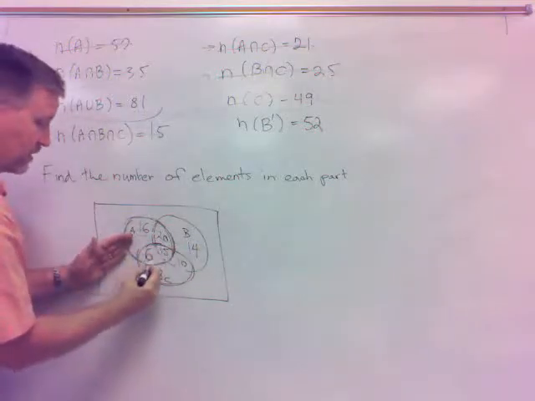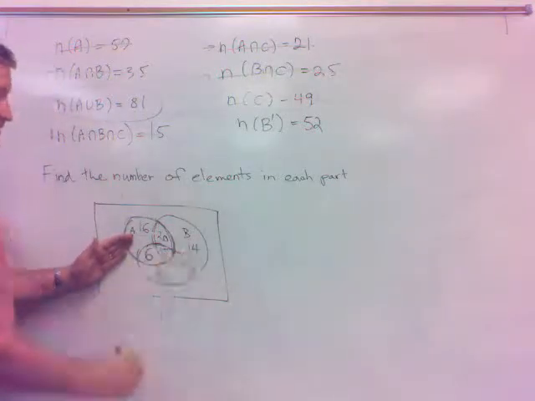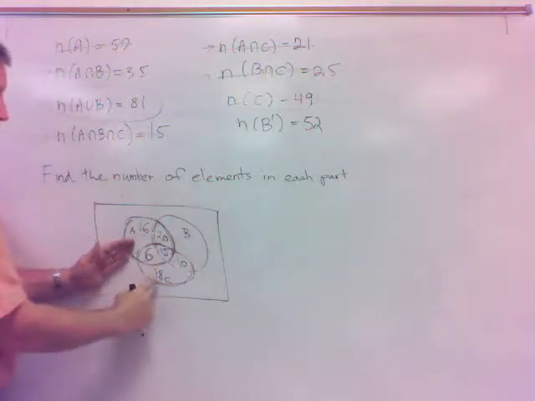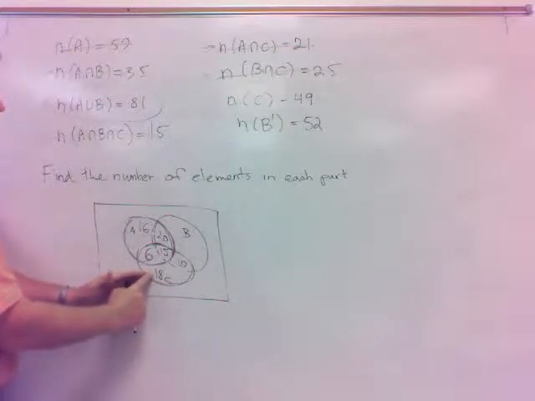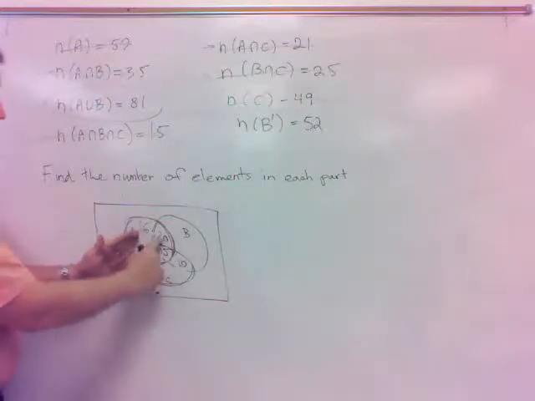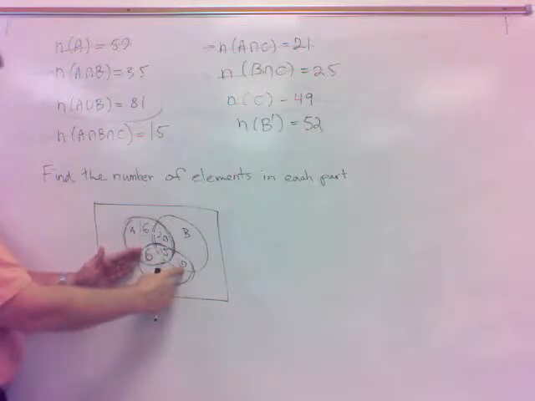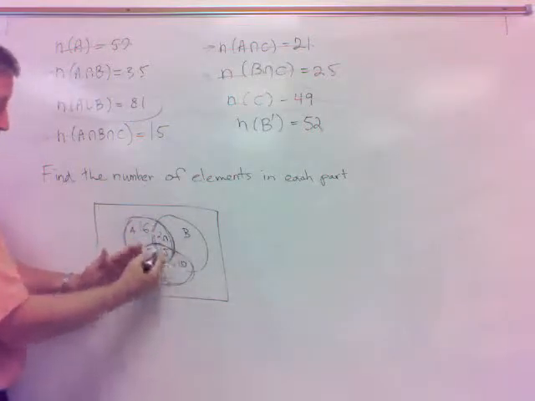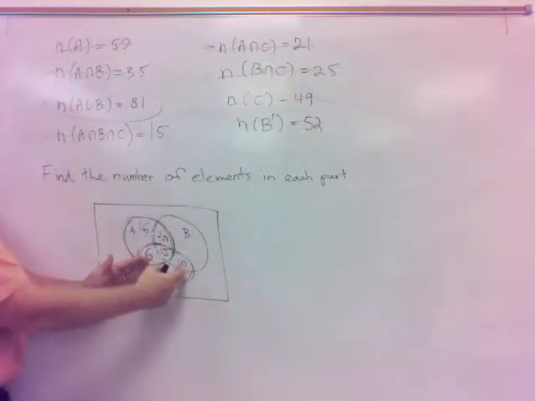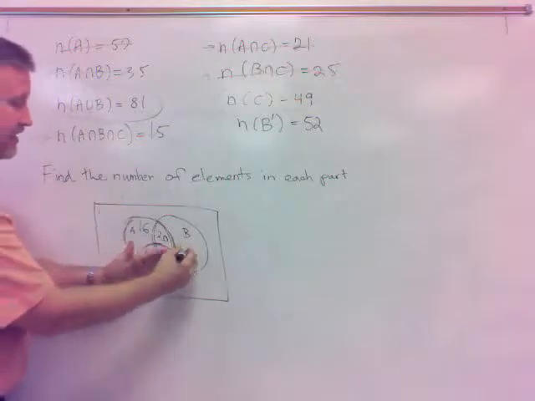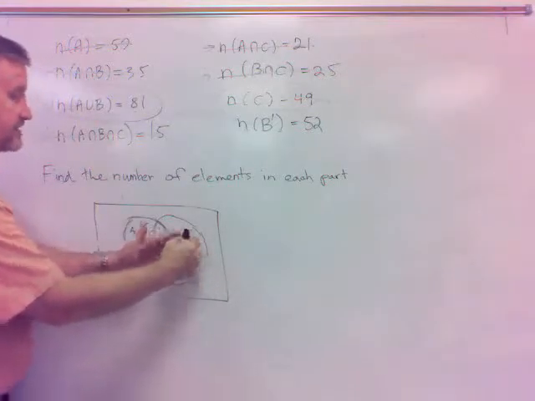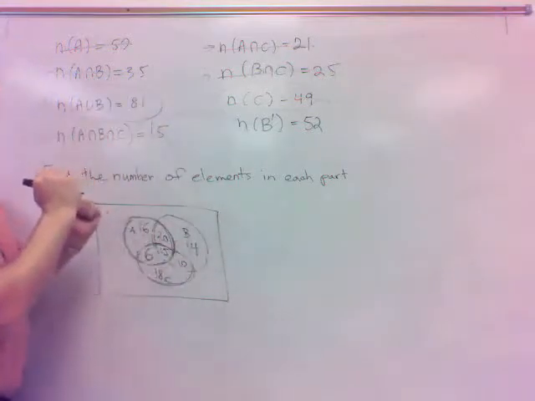A union B is all 6 of these. Not the 18. The 18 is not in the union of A and B because it's not in A or B, is it? I'm only adding up the parts that are in A and B. Those added to be 67. Did anybody check me on that? Make sure. That was 67, okay. So that has to be 14 there because that gives me 81 all total for those circles.